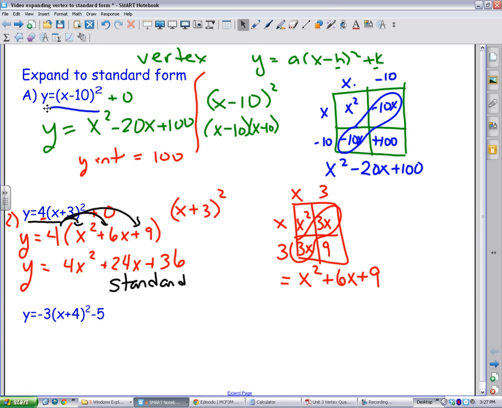Alright, and the last one is the harder one because this time we actually have a value assigned for k as well. So much like the other ones, the first thing will be to expand the square. The next thing will be to multiply by the a value.